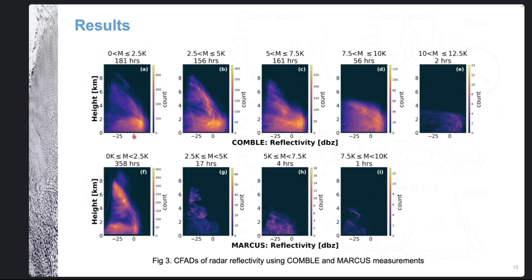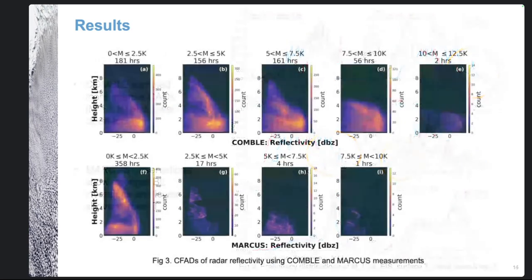For example, in figure A, the M is positive but less than or equal to 2.5K, and we have 181 hours of measurements. These CFADs show the highest cloud height can reach around 8 kilometers. As the M increases from left to right, the highest cloud top decreases.